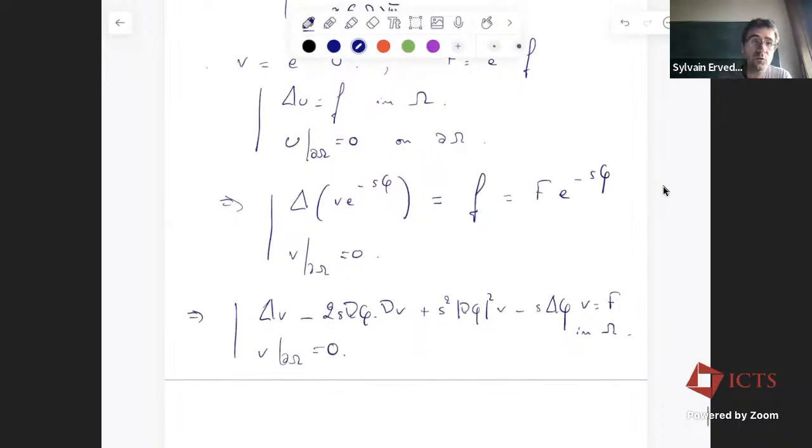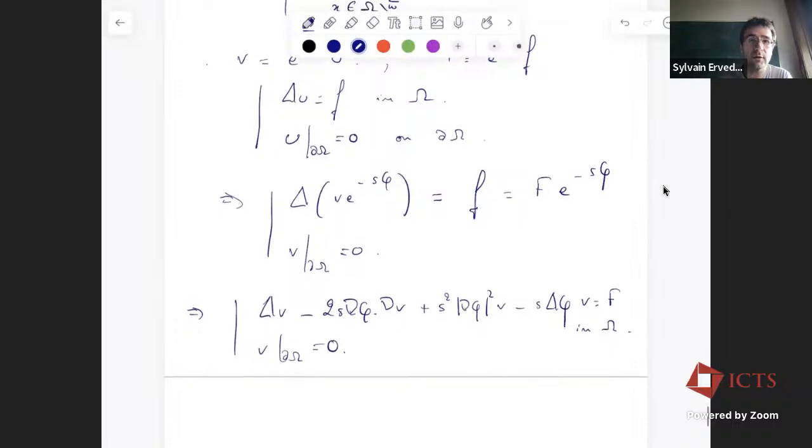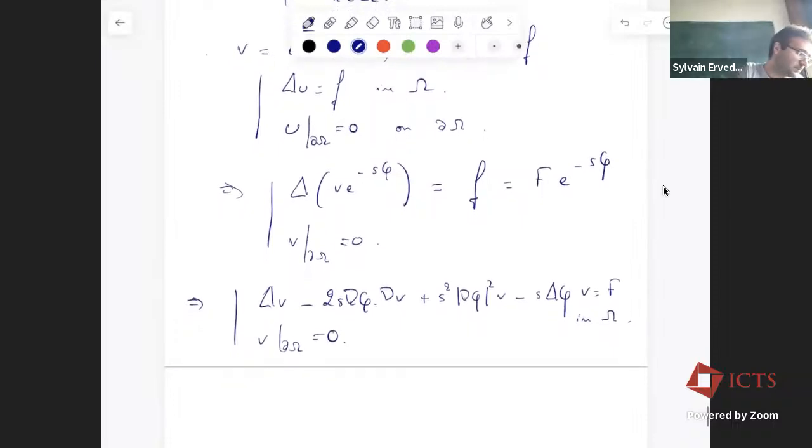So, okay, I do not want to detail the computation. It's only computation, nothing more.